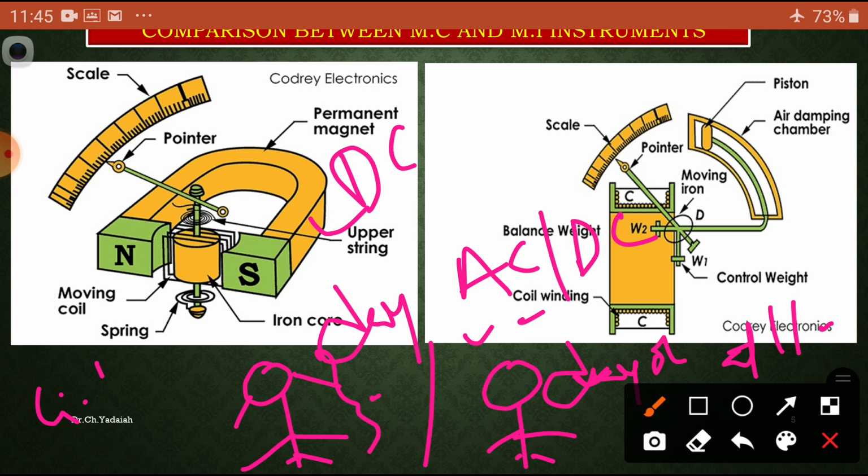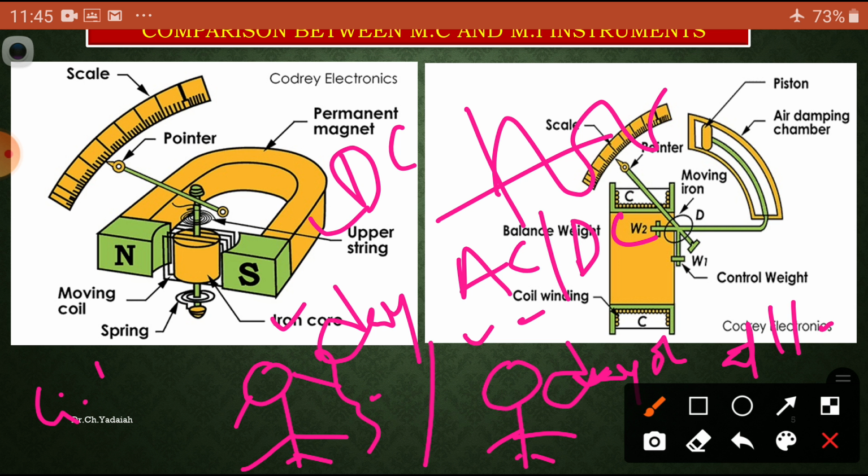That's why, because she is delicate and sensitive, I can use her only for DC, whereas my son is able to withstand alternating current. So he is robust. That's why you should not use moving coil instruments for AC measurement.